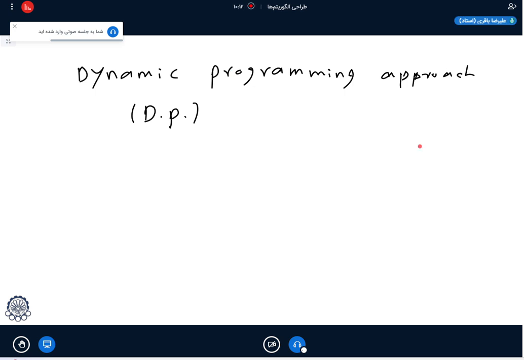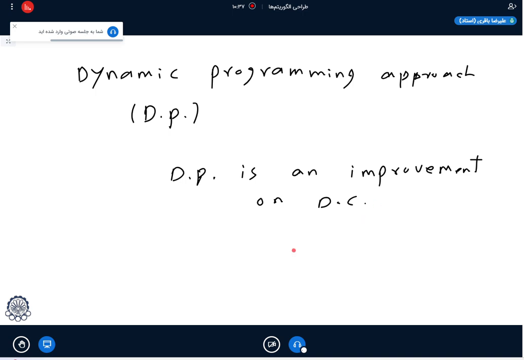In fact, the dynamic programming approach is an improvement of DC. We can say DP is an improvement on DC.